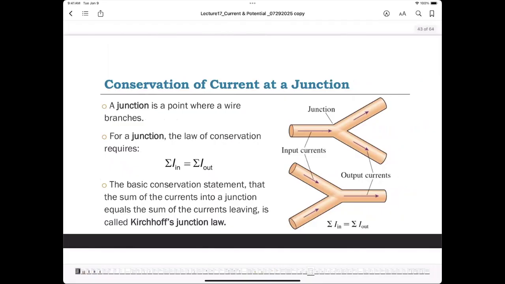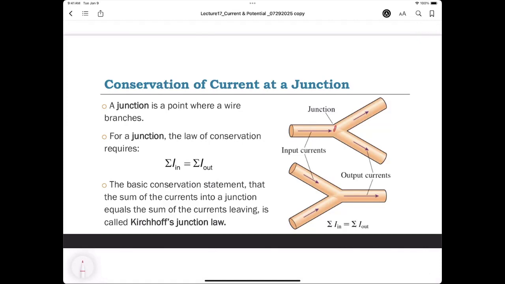In the real world, there will be many junctions. Here are just some simple junctions. You can see one wire will branch, will divide into two. This is a junction.